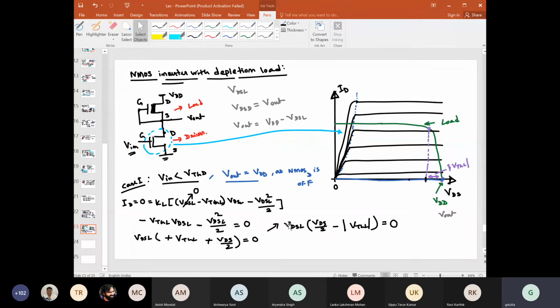Then obviously VDSL has to be equal to 0, because we know VDSL is less than VTHL in this region, so this part cannot be equal to 0. So VDSL should be equal to 0, and if VDSL is 0, then VOUT is equal to VDD. So mathematically, besides graphically, you can also say what the value of this output voltage is.